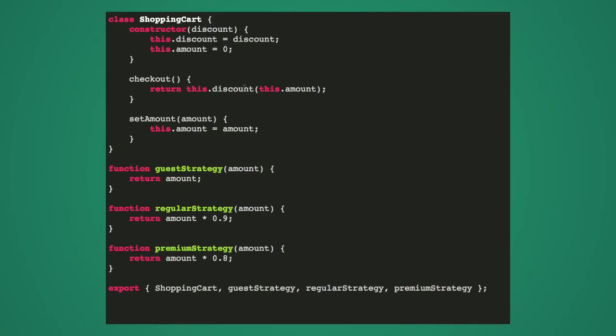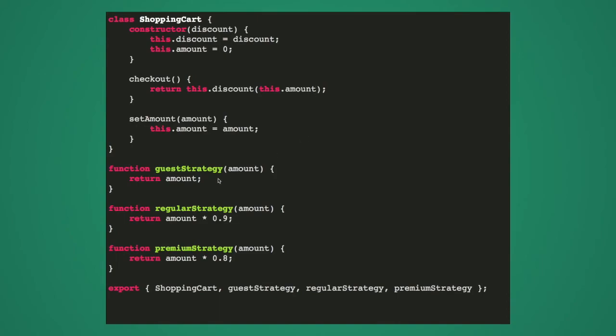It makes a call to that function. A strategy could be a function, could be a class, doesn't matter. In this case it's a function. So it calls that and says, hey, this is my original amount, okay? My original amount is 100 euros. Do whatever you want with this and return me the result.